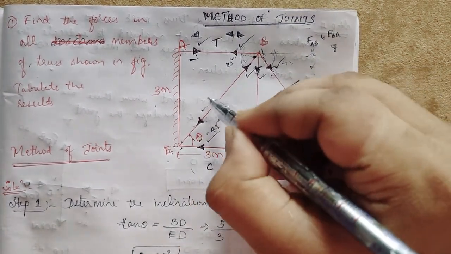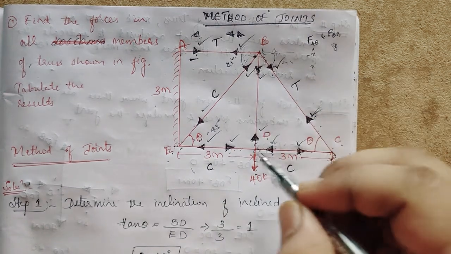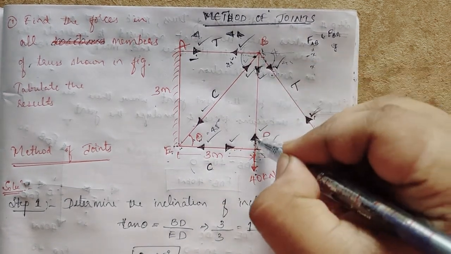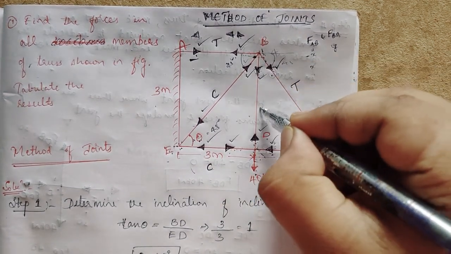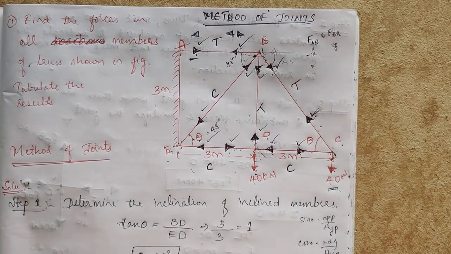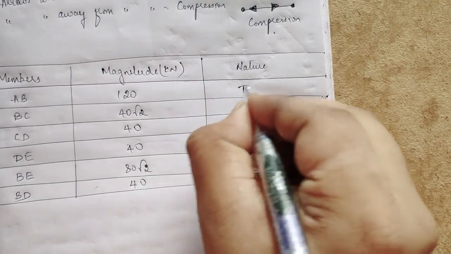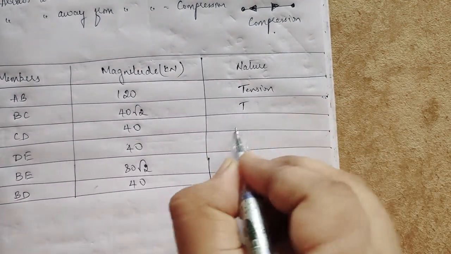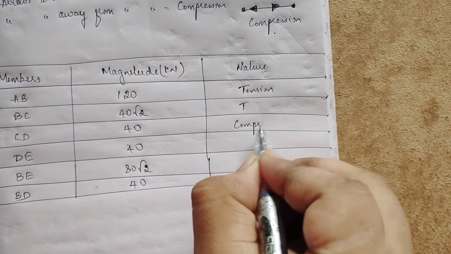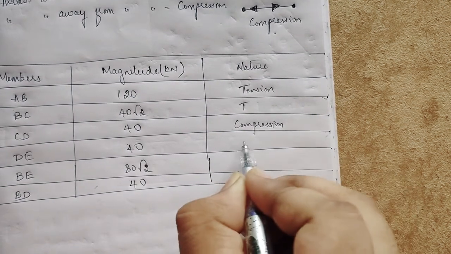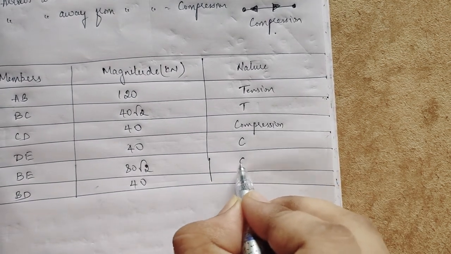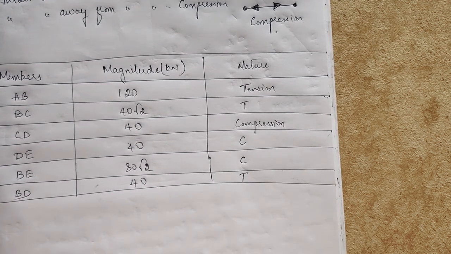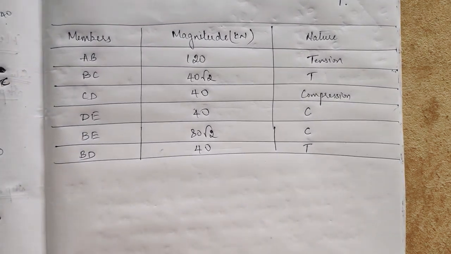When I come to BE, this is also going away from each other, compression. The last force, it's coming towards each other, it is tension, right? Now we have to write: tension, compression, compression, compression, tension.